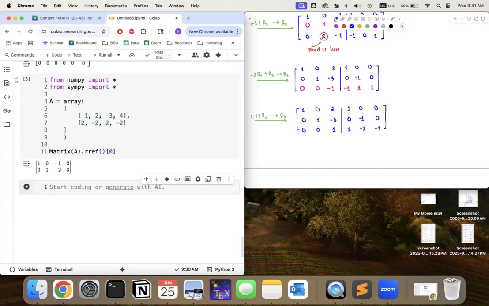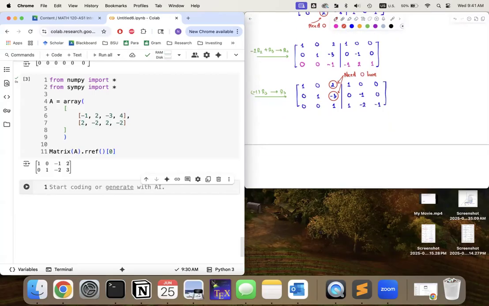So you have the leading one in the third row. The entries above that should be zeros. So you need the zero here, and you also need the zero here. I'm going to take care of one number at a time.